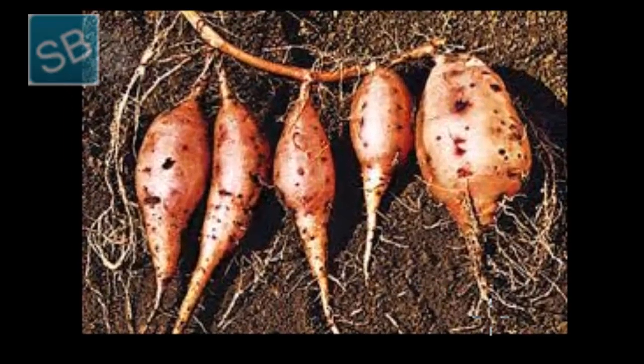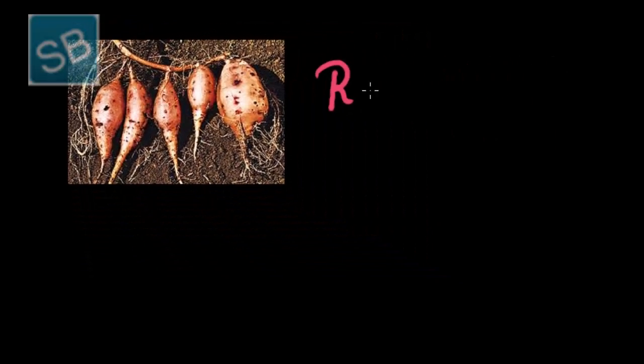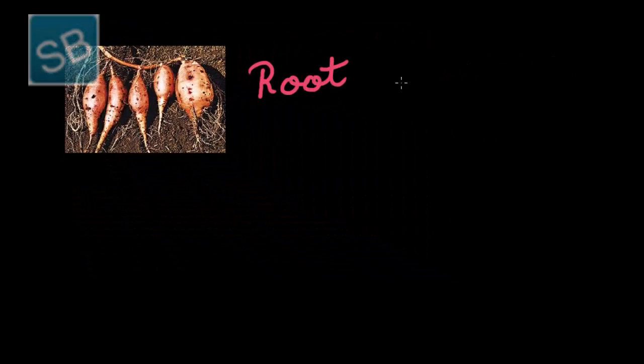For example, as shown in the figure, sweet potato, a creeper plant, has adventitious fibrous roots developing from the stem that become tuberous in shape. These roots have irregular shapes and therefore are known as simple tuberous roots.